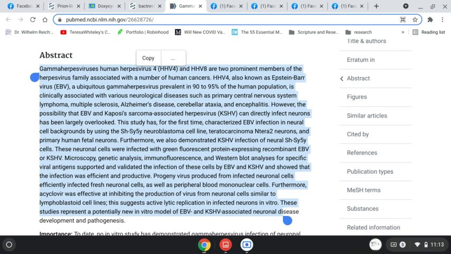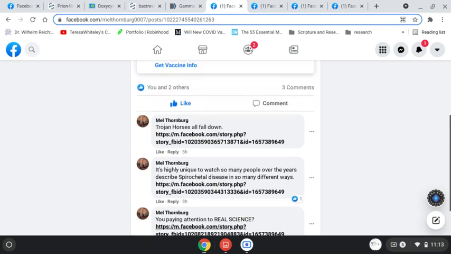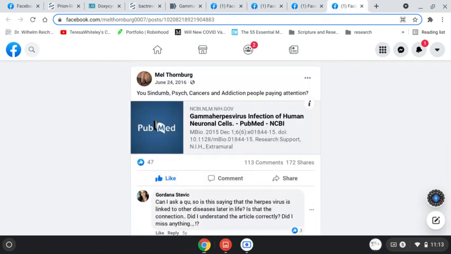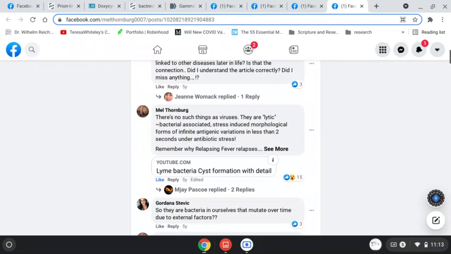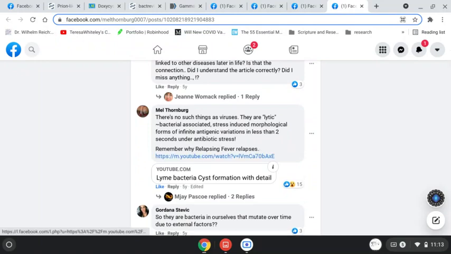So, when we go over here, she says there's no such thing as viruses. They are lytic. We just read that. Bacterial associated stress-induced morphological forms of infinite antigen variations in less than 2 seconds under antibiotic stress.